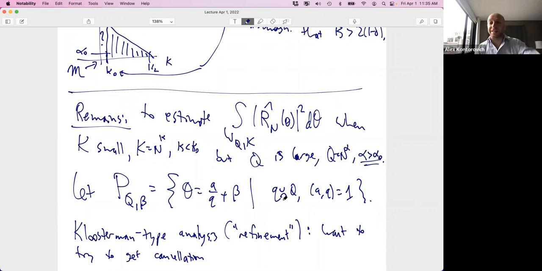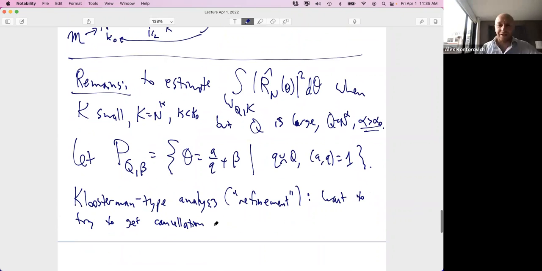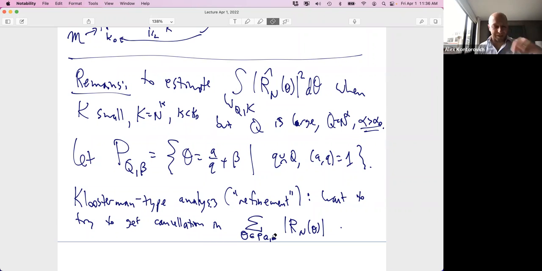Let's isolate the role of Q, keep beta fixed, try to get cancellation in the sum over theta in P Q beta of Rn at beta, just to the first power. This is a beta.